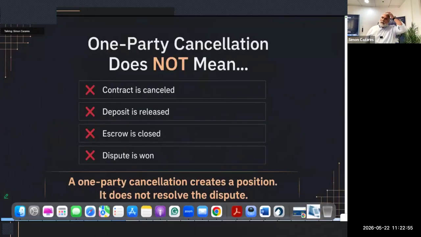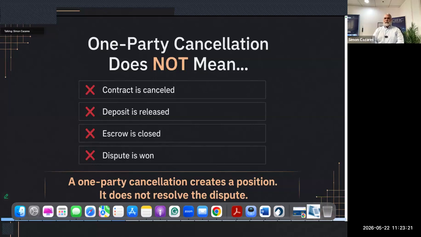All right, so the cancellation doesn't mean the contract is canceled, okay? Just because the buyer is within their rights, sending a cancellation to the listing agent and to escrow doesn't mean it is canceled, right? It doesn't mean that the deposit will be released. So I want to make sure that all of us are clear, which a lot of us understand already, but it has to be mutually agreed.